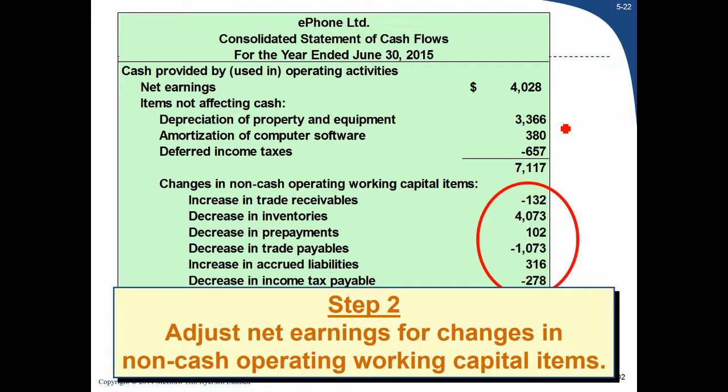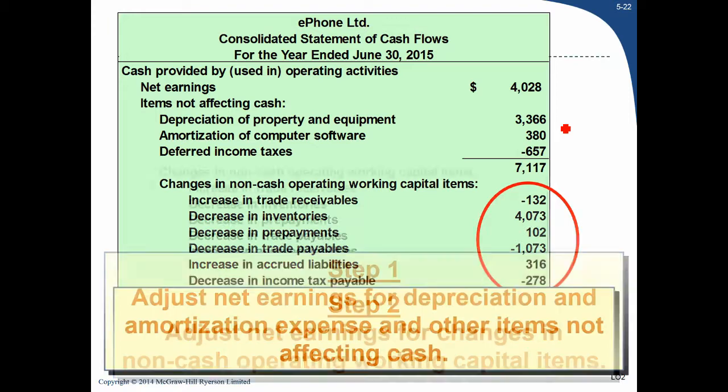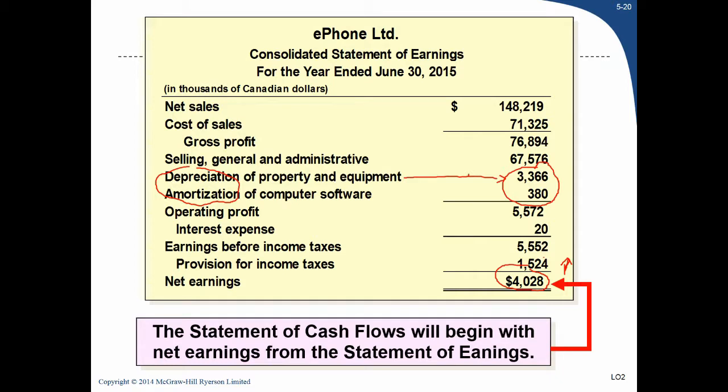Step two. Now we have to adjust net earnings for changes in non-cash operating working capital items. Remember how I said, imagine all of these other transactions happened in cash. Imagine we received $148 million in cash from our customers, and we paid $71 million to our suppliers for inventory. But we know that that doesn't happen, right?